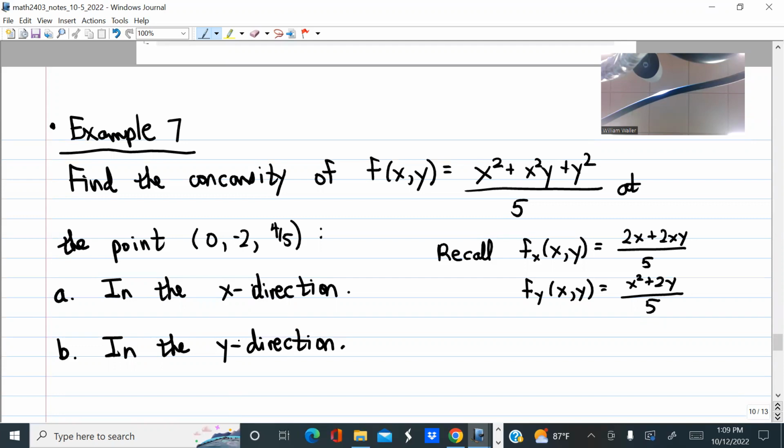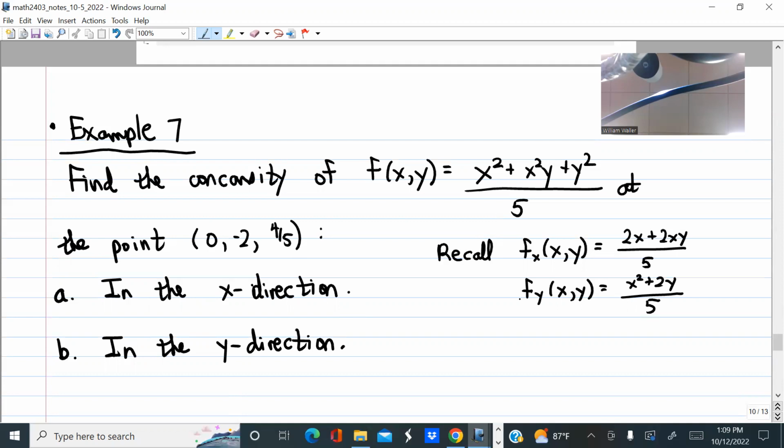But in other directions, we won't know what the concavity of the surface is. We do it through the second partial derivatives. So let's take that up next time, as a reminder of computing second order partial derivatives, and then we'll see what the concavity is, which is really easy.